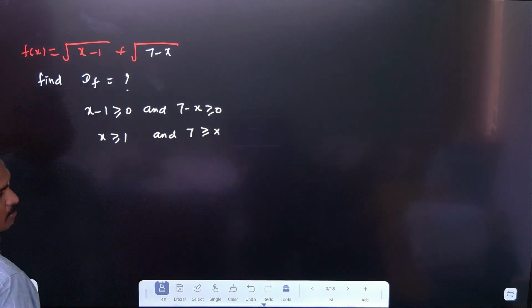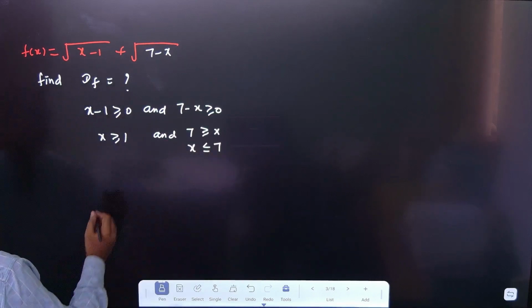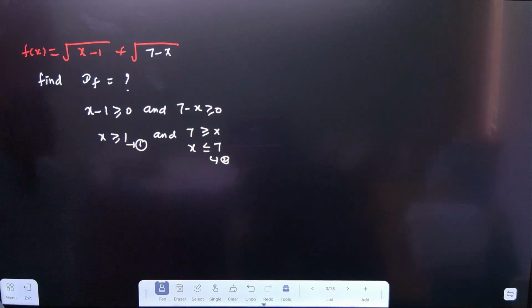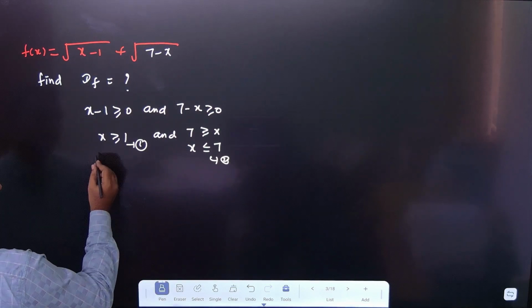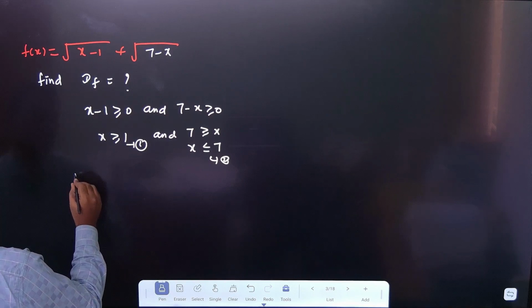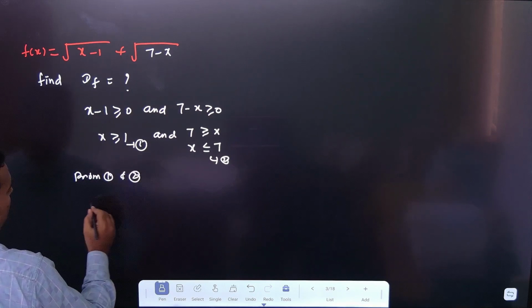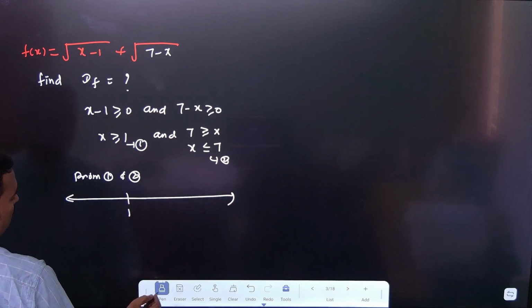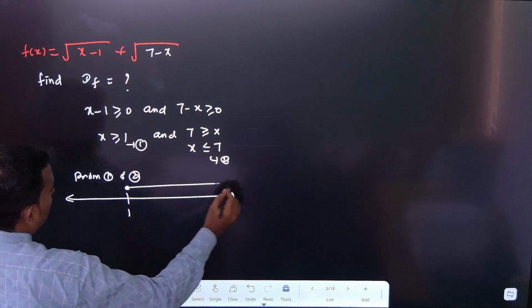Just adding plus x on both sides, that is x is less than or equal to 7. Now let us take this as 1, this as 2, and take the intersection of these two.